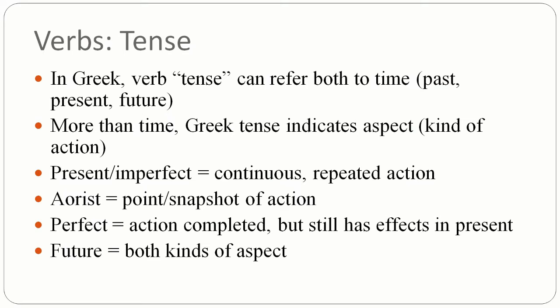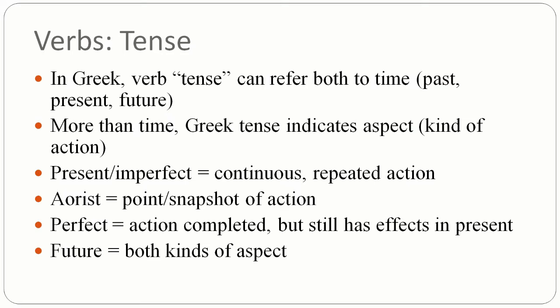Okay? Is this an action that is happening repeatedly over a period of time, kind of like a video recording, a parade in progress? Or is this talking about a point in time, kind of a snapshot of an action? So you have the present and imperfect tense.